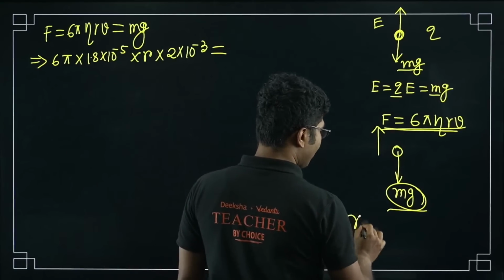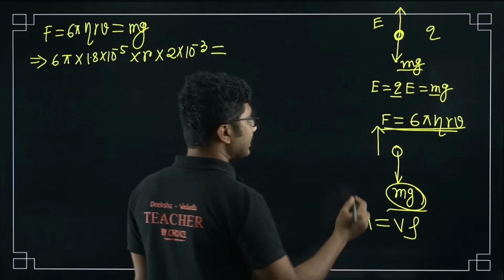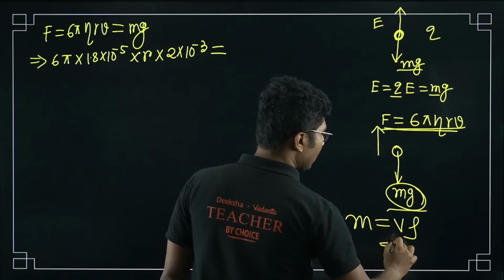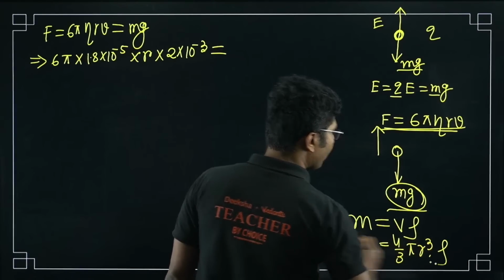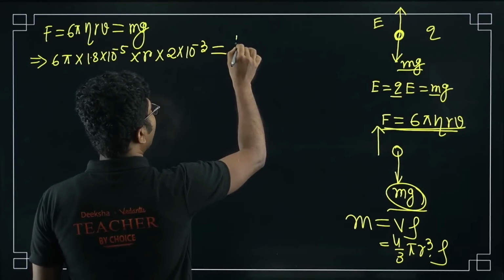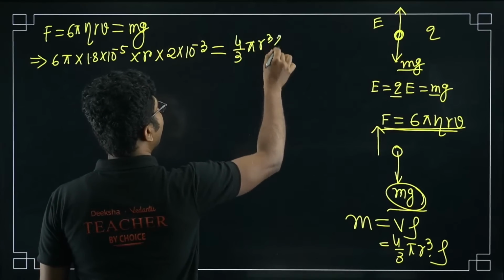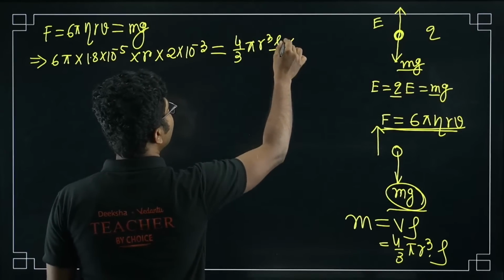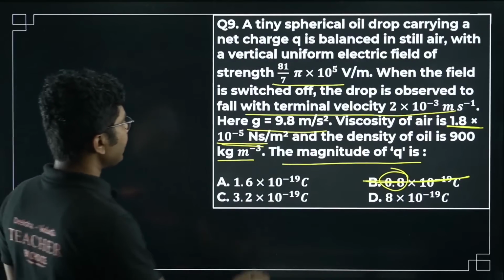Now you have to write mass. Mass is volume into density. Because it is a sphere, volume will be 4/3 pi r cube, multiplied by rho. So it will be 4/3 pi r cube into rho, this is the mass, into g. The value of g is 9.8.